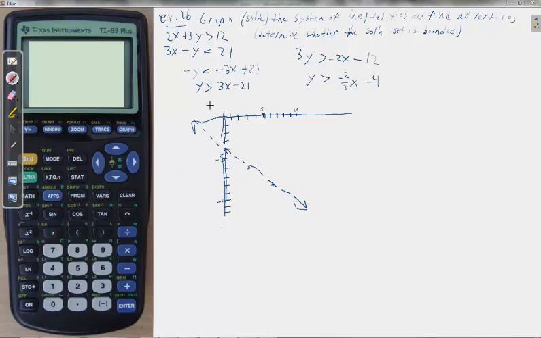The other one, let's see, I don't want to go down to negative 21. So let's start at, say, 5. At 5, it would be negative 6. And then it goes up by 3 and over 1.